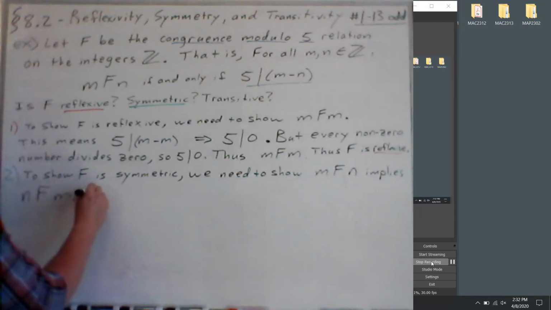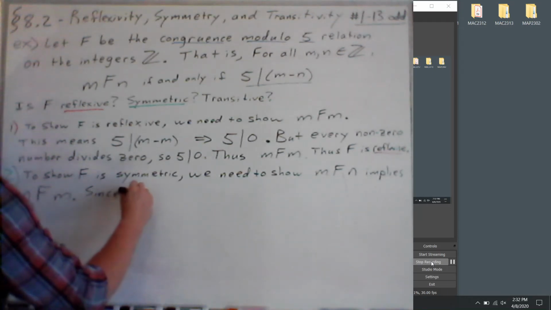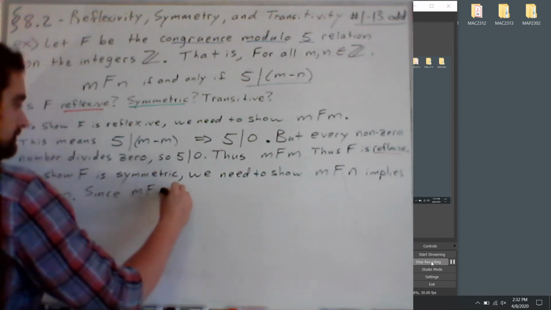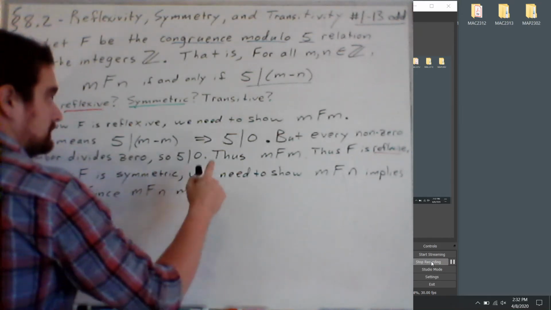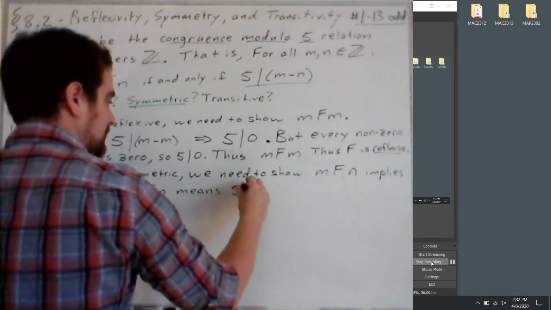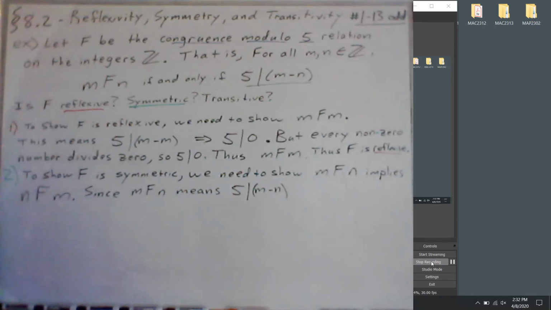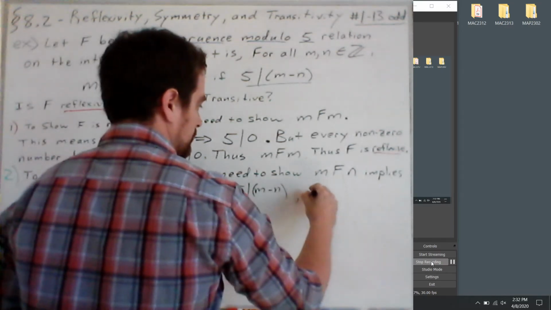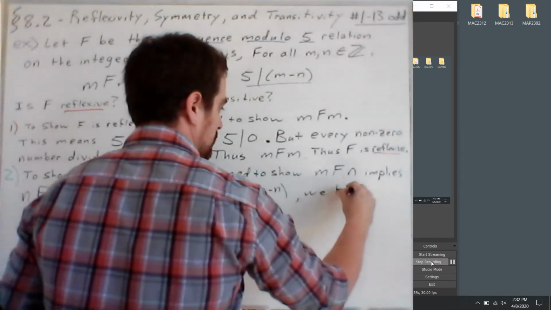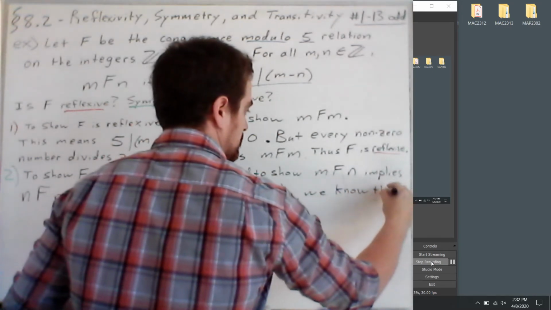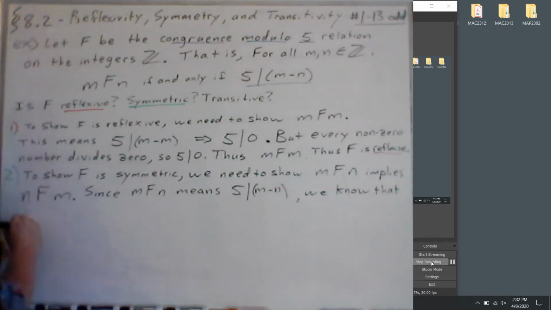Since m, f, n means 5 divides m minus n, we know that m minus n is equal to 5 times k.